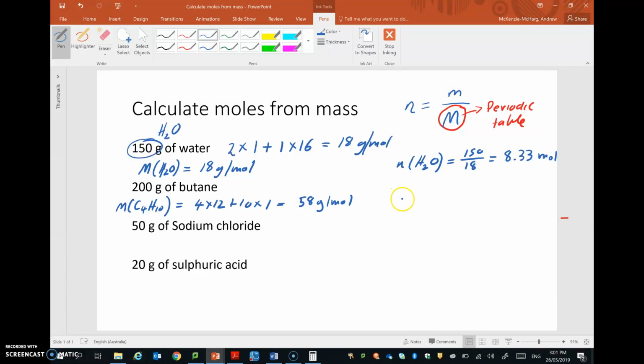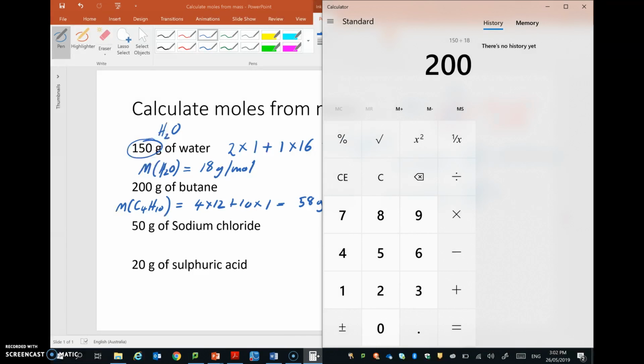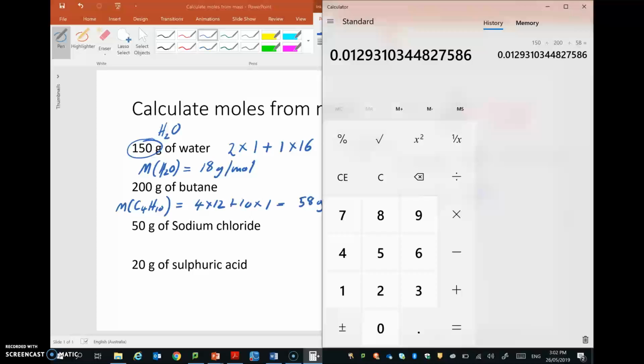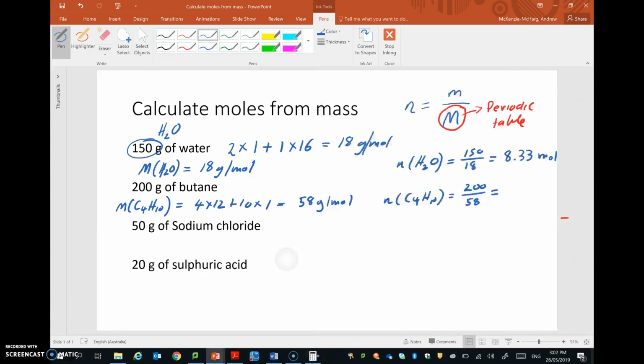Alright, now we've got 200 grams of butane, so the number of moles of butane, C4H10, is equal to 200 divided by 58. 200 divided by 58 gives us 3.45 moles of butane.